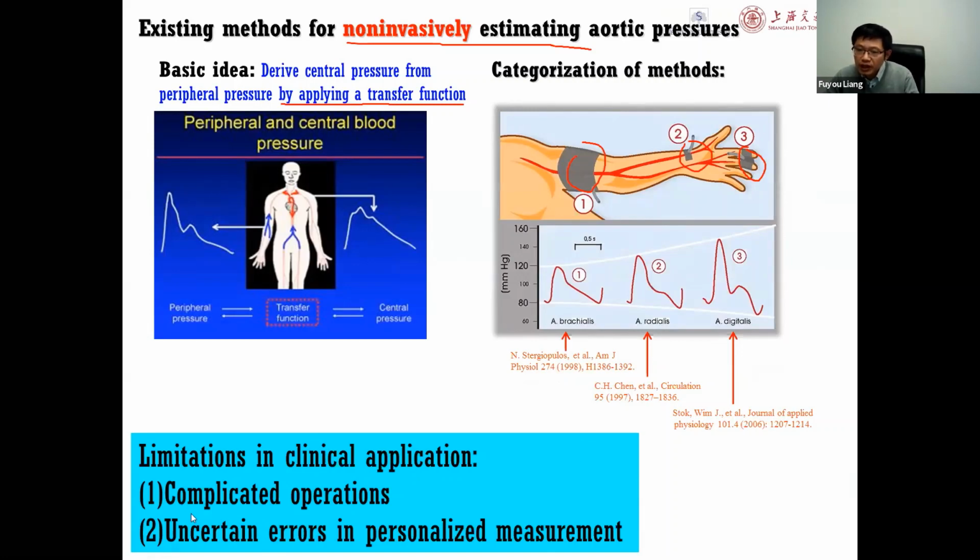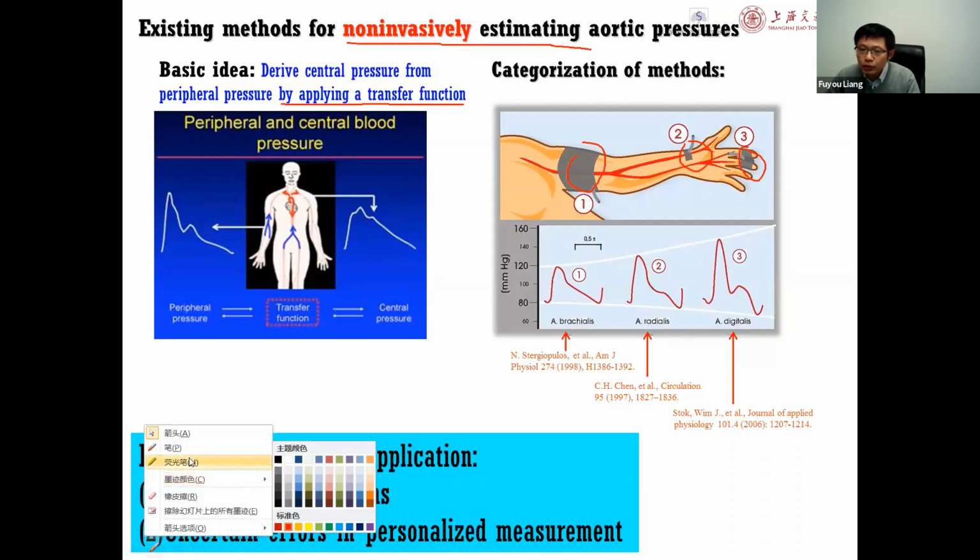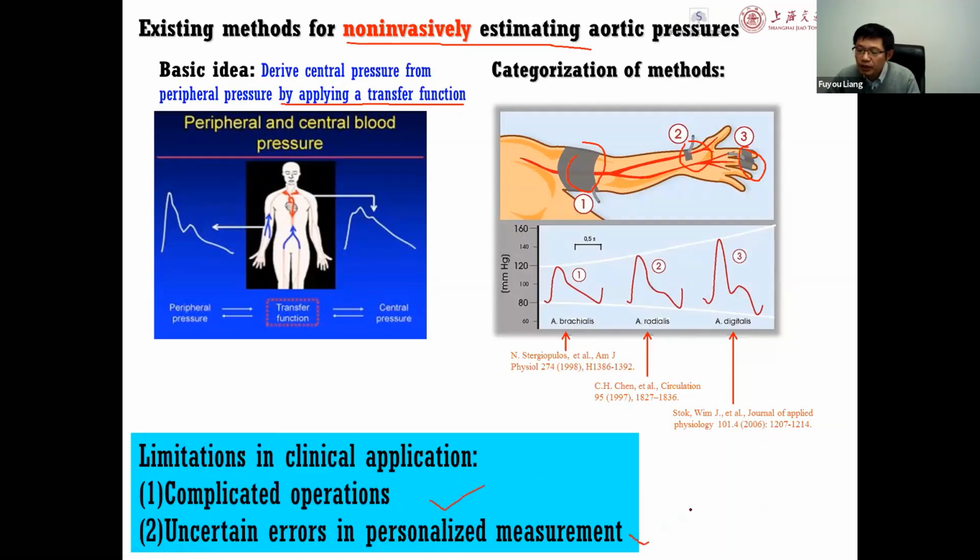First, it usually requires complicated operations, and also it is sometimes subject to uncertain errors in personalized measurement. So these 2 points are major problems with current methods.